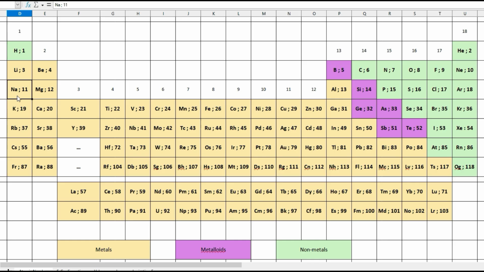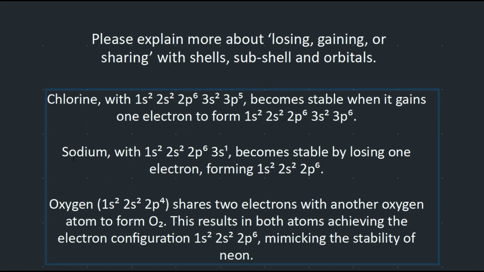It's us who have created that. So for sodium, the closest noble gas is this one with 10 as its number of electrons. Now, what will sodium do? Technically, it wants to go to this, and this is what it has. What will it do? It will lose an electron.